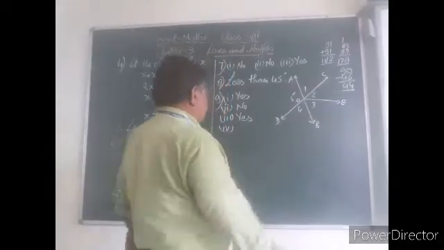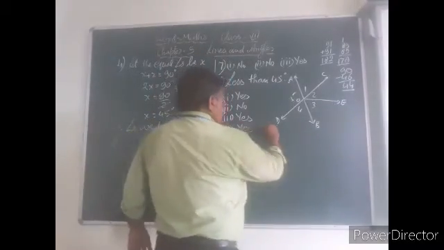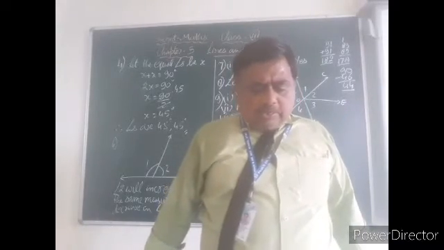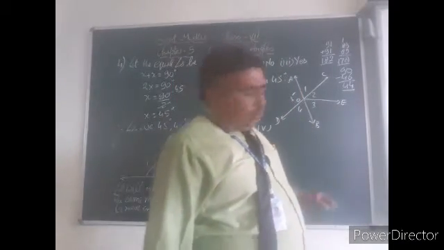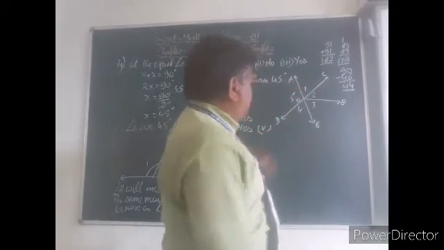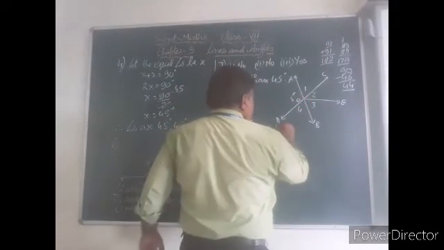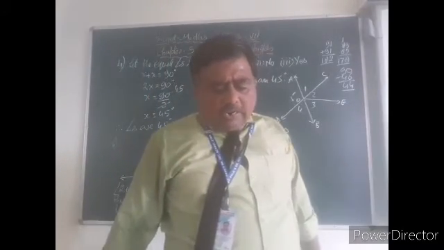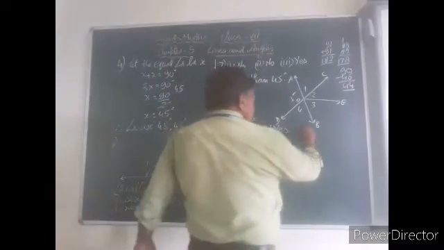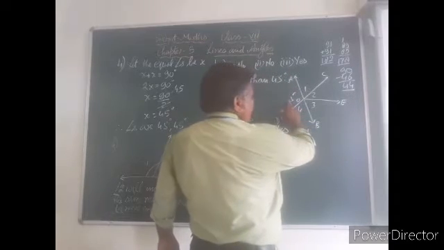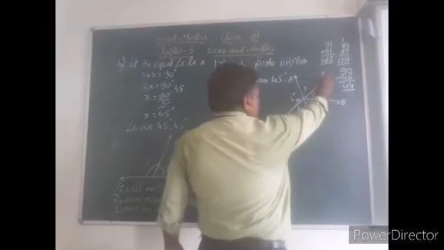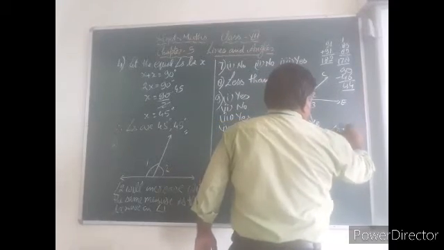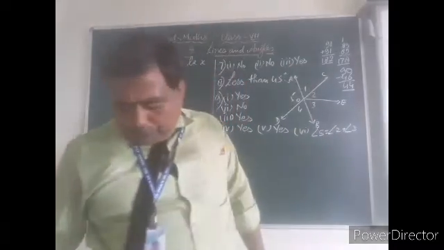Yes. Fifth one, is angle 1 vertically opposite to angle 4? Yes. Angle 1, angle 4. What is the vertically opposite angle of angle 5? Angle 5 is equal to AOD is equal to COB. So angle 5 is equal to angle 2 plus angle 3.